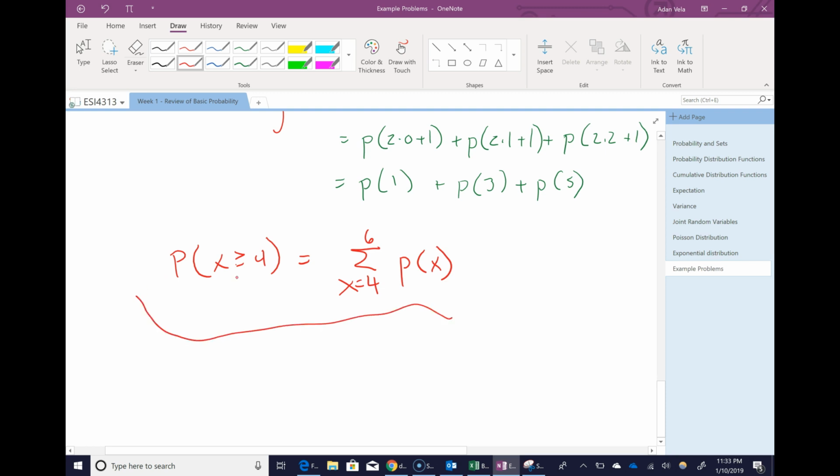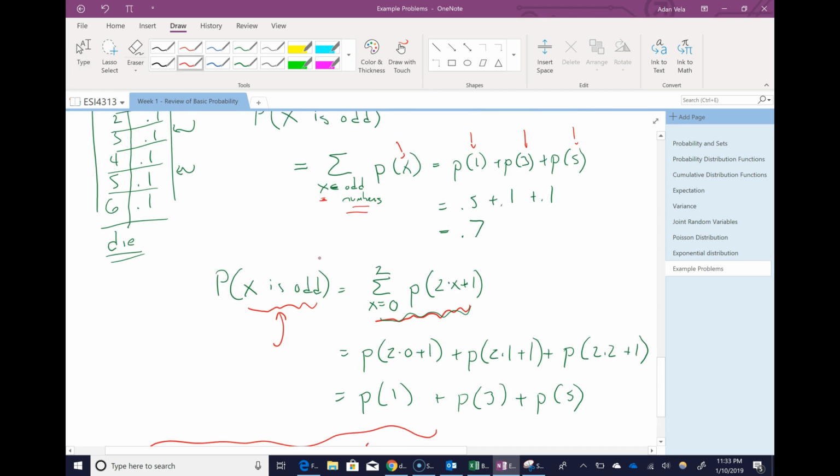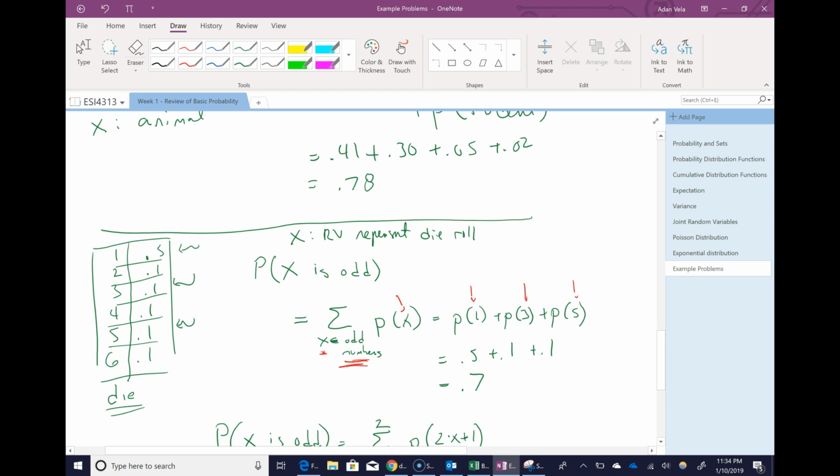That's not too bad. But in life, you're going to run into cases like this, where it's not a specific number that you're interested in calculating the probability of, but some weird set, right? And so this is why I like using set notation when calculating probabilities.